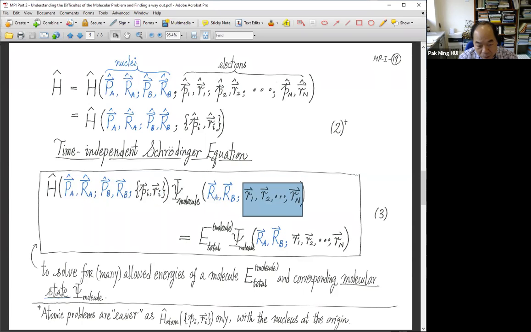The nucleus will be a function of the positions of the two nuclei. Although equation 3 looks very common, trivial, you must understand the complication of this Schrödinger equation for a molecule. Any question up to here? Equation 3.